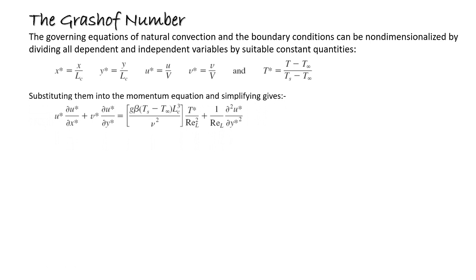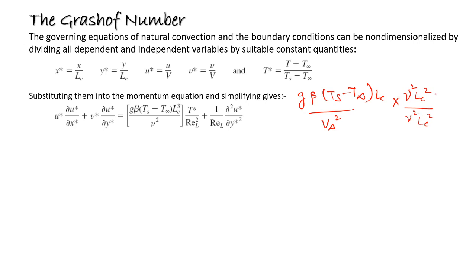From the previous topic, I'm modifying the result: g beta (Ts minus T infinity) times Lc upon V infinity square. This was the Archimedes number, and I'm multiplying it with mu square Lc square upon mu square Lc square.